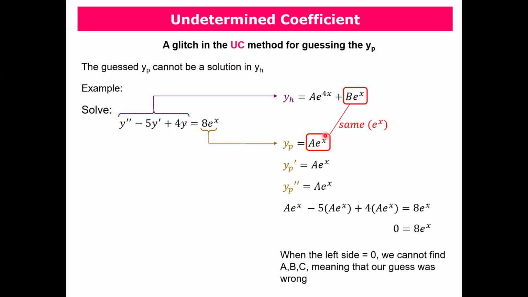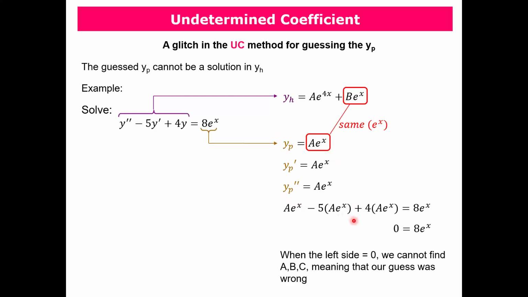But this is the same, e to the power of x and e to the power of x. So let's prove why this cannot be a solution. When we do YP prime, YP double prime, and substitute into the ODE, the left-hand side will equal 0. When it's equal to 0, then we cannot find the A, right? If we cannot find the A, it means that our assumption is wrong, all right?